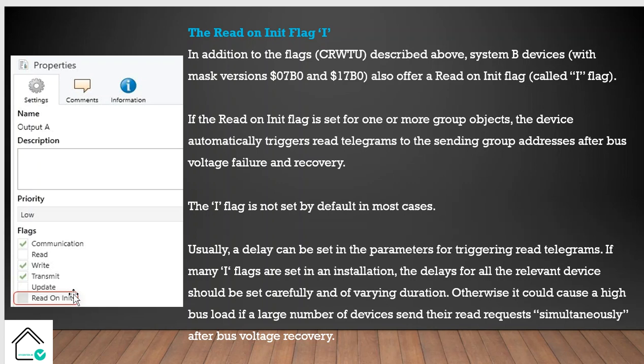So all of this about the I flag is for initialization, and you should make sure that for many products in the same system, same line, at the return of the bus, if you do not take care about the delay, you will face a problem. Because when the read on initiate flag is on, when the bus is coming back, the read request is sent to get a response from all the status of the actuators to update the monitoring systems and so on.